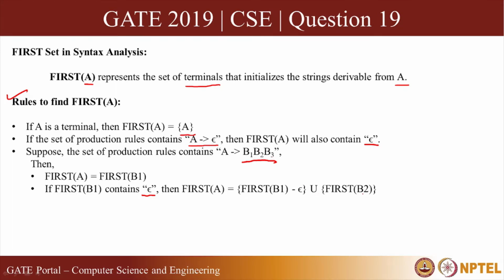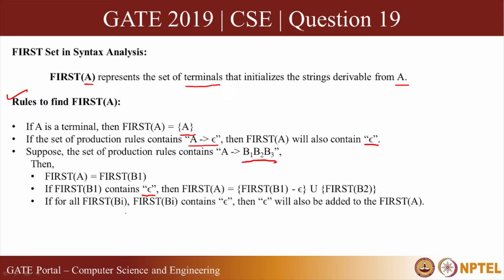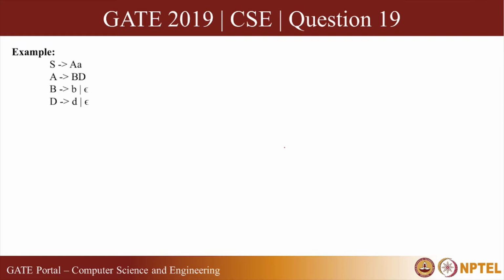Then again, for all first of Bi, if first of Bi contains null, then null will also be added to first of A. Means suppose B1, B2 and B3 all give null, then A may produce null. So that may arise.